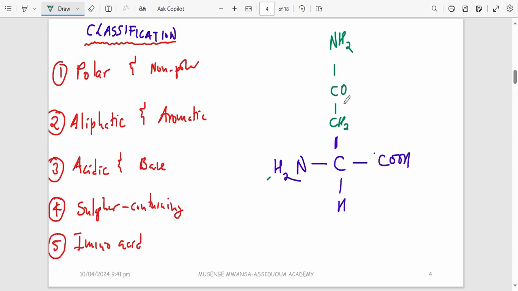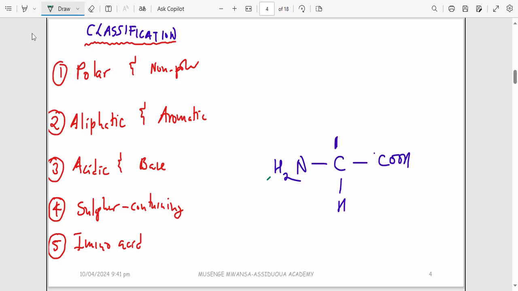Okay, good. So this is known as asparagine. It is polar and it is aliphatic. Let's write another one, continuing with the chain that we have on top there. Glutamine is also going to be polar because it's also going to have CO, like that.